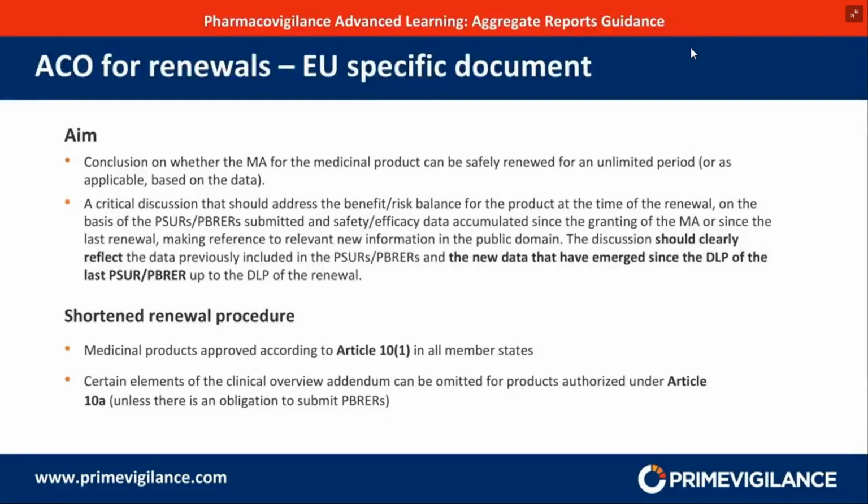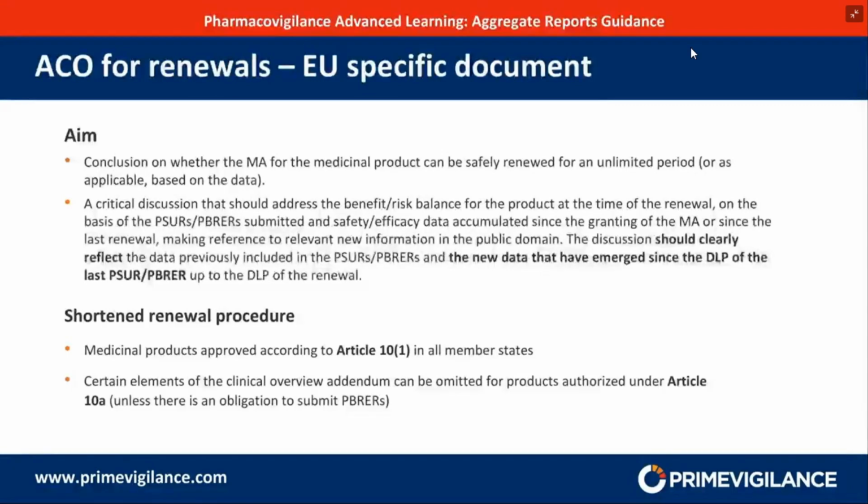So usually there is this first 5-year period, then renewal, and with most products, then the marketing authorization will be given for unlimited period. But in exceptional circumstances, this can be another 5-year period, etc.